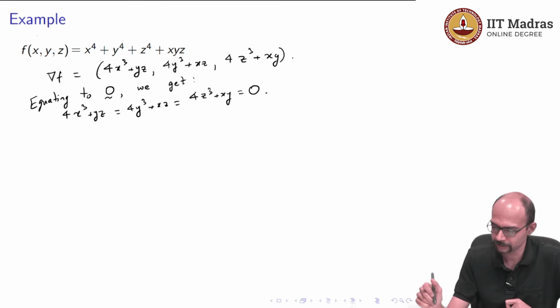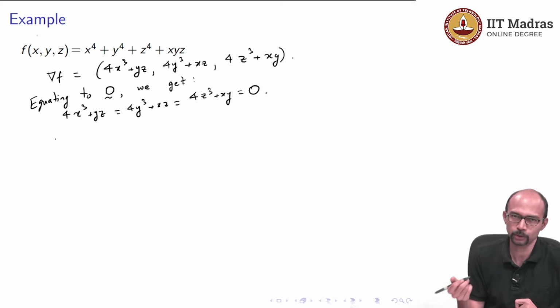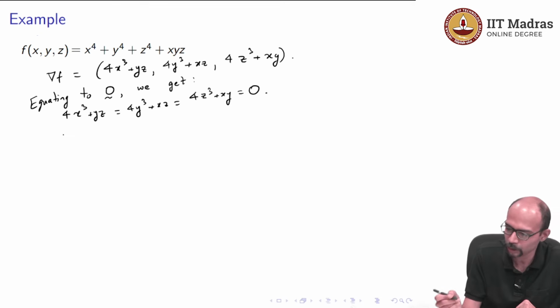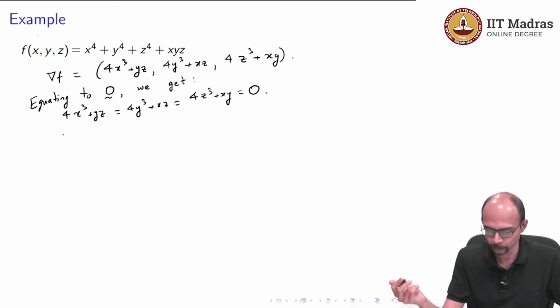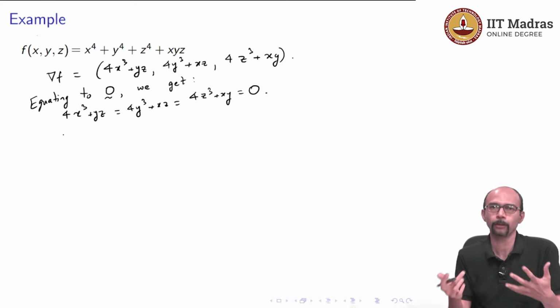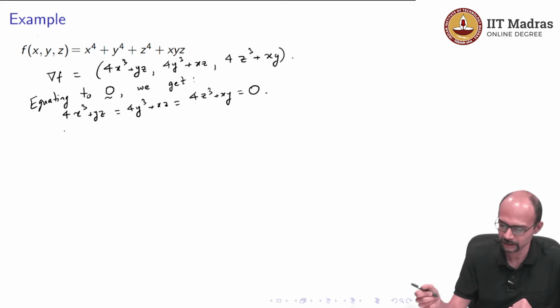So, now we have to solve these 3 equations, and note that these are not linear equations. So, our linear algebra will not really help us over here. So, we have to solve this by brute force, and also using the fact that they have a very nice form. So, here is where your comfort with equations or algebra in general will kick in.